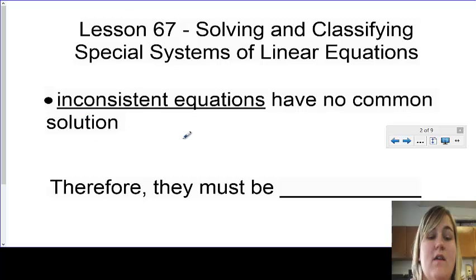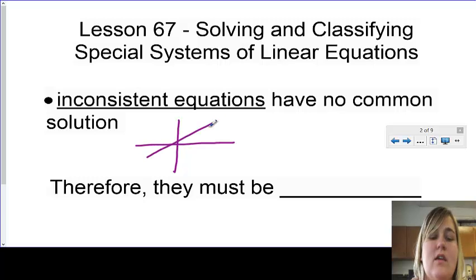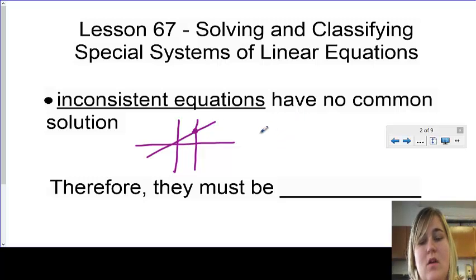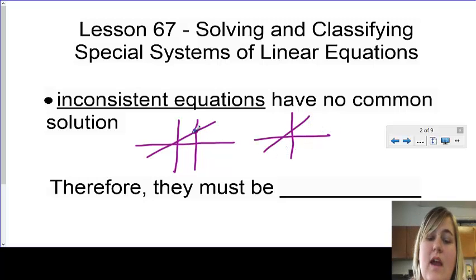Well, if you're thinking about a graph, I know that if I graph a line that looks like this and this, the solution is right here where they meet, right? So what has to be true about those lines if they don't meet, if they have no common solution?